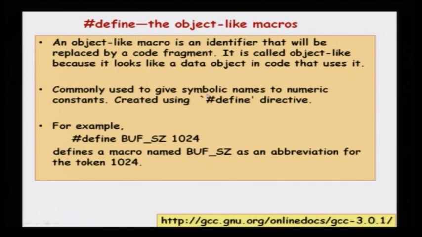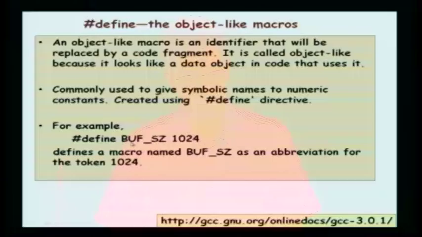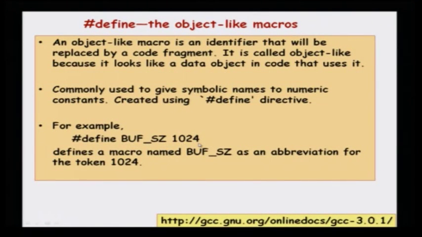Its most common use is to give symbolic names to numeric constants. Suppose you want to write a program in which the maximum array size is, let us say, 1024. Instead of putting 1024 in several places, a typical usage in a program would be to say #define BUFF_SIZE, so buffer size, to be 1024.